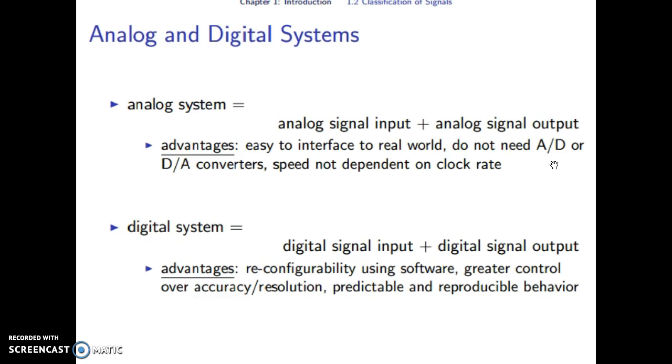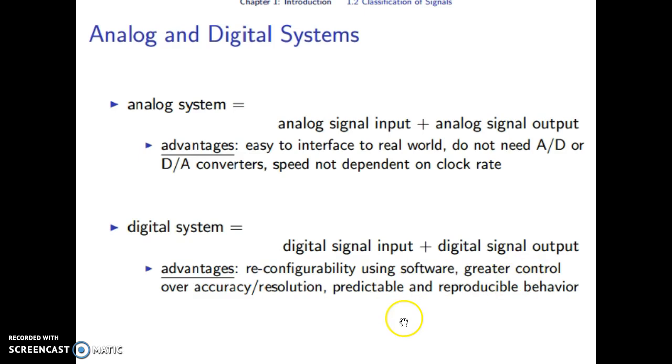But why we use a digital system is that the input is digital and the output is again digital, and it has a lot of advantages like reconfigurability using software. We can program it and rewrite the program, and if you want any changes, you can reuse or reconfigure the software.